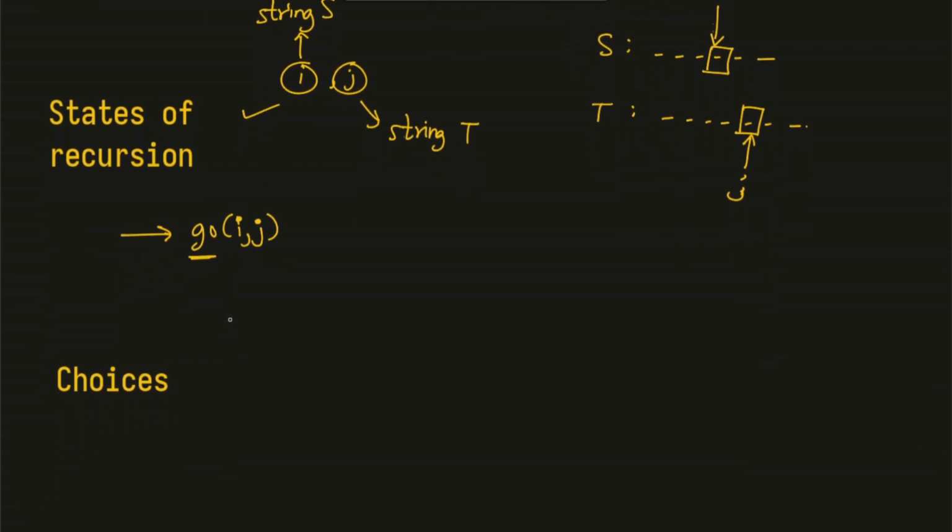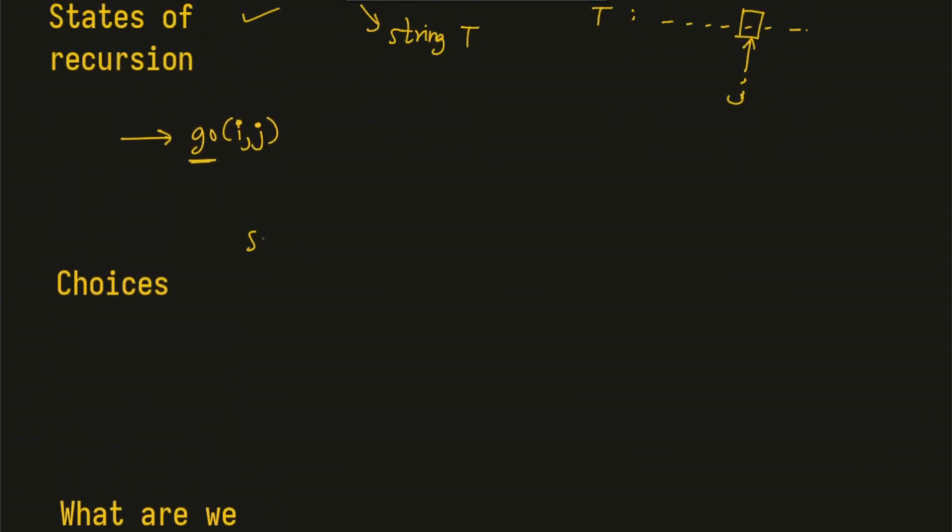We just fixed the states of the recurrence. Now let's look at the possible choices that we have. We have strings s and t, and we are currently at these two positions for both of them.